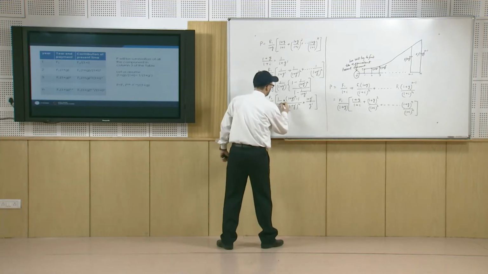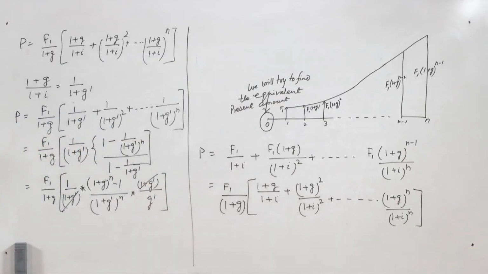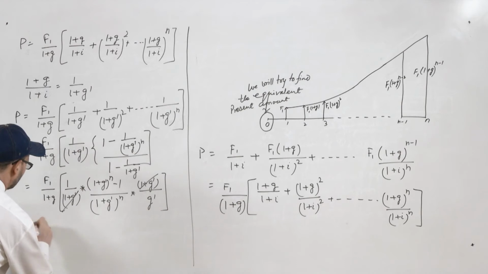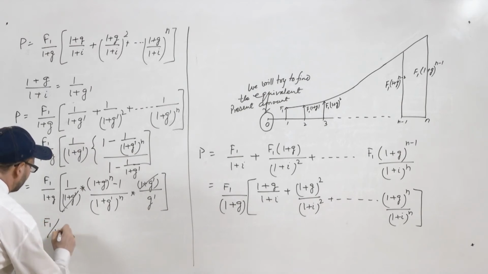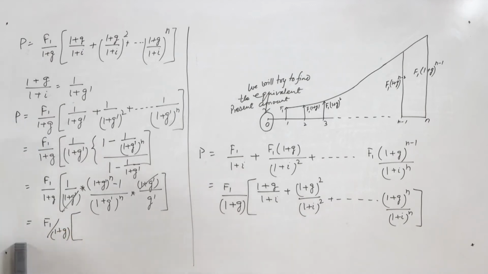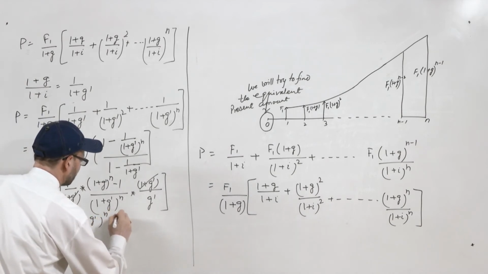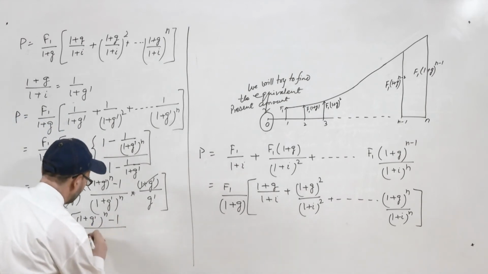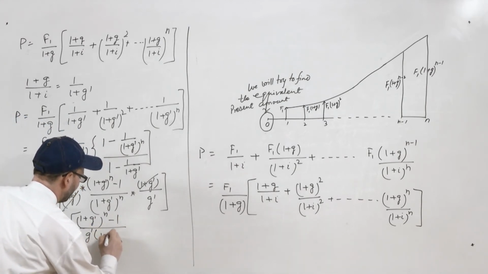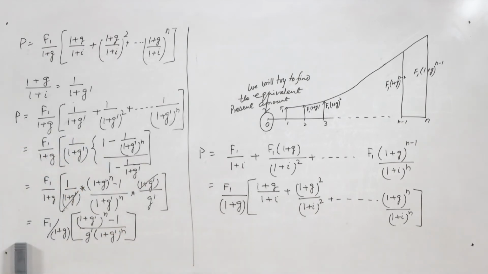So this (1 plus g prime) and this term will cancel. You are left with f1 by (1 plus g) multiplied by [(1 plus g prime)^n minus 1] by [g prime into (1 plus g prime)^n], and this is nothing but the series factor we have already studied.